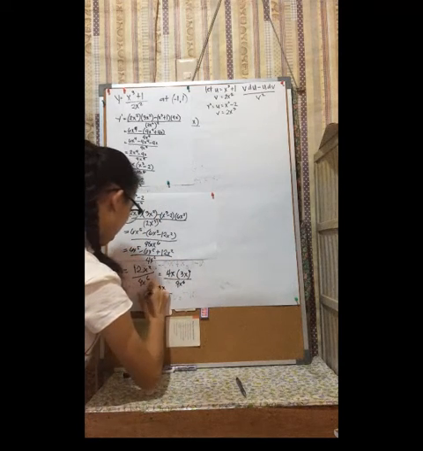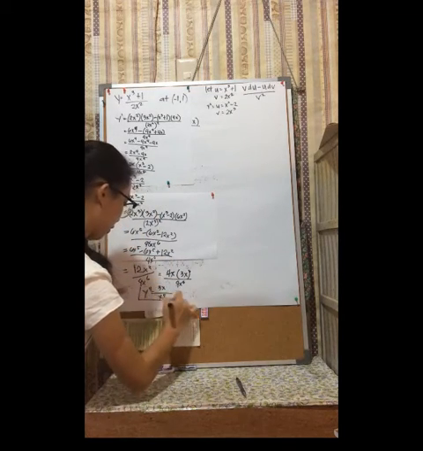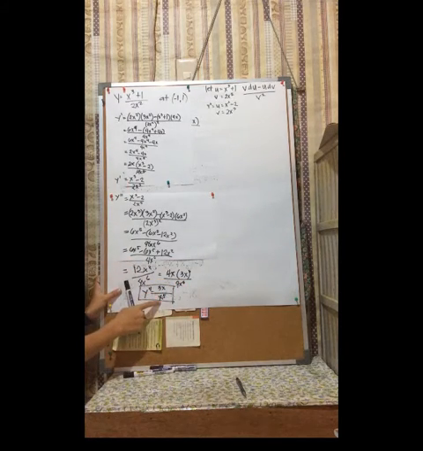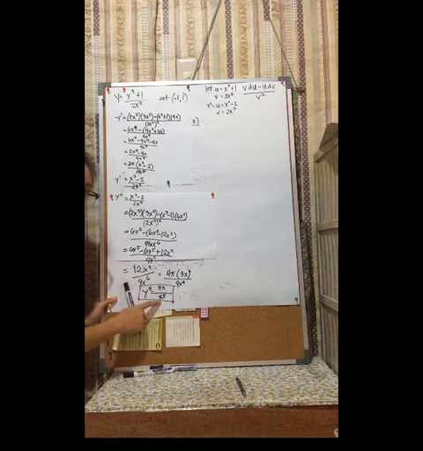So this is our second derivative, 3x over x to the 5th power.